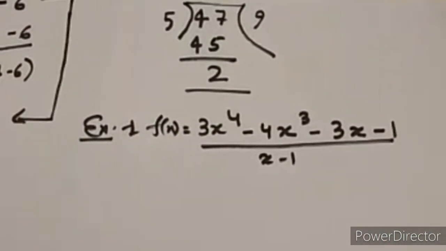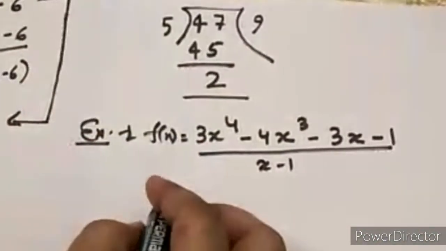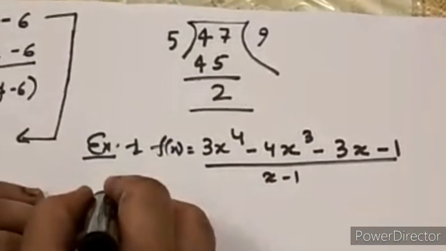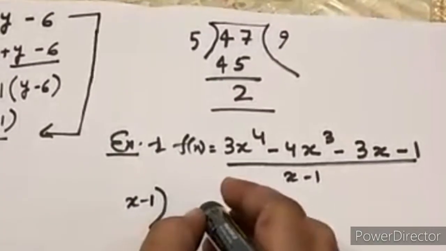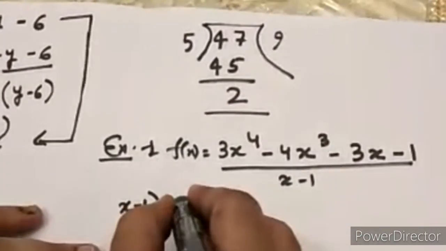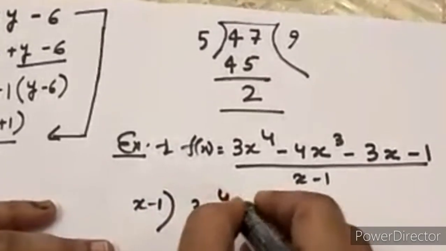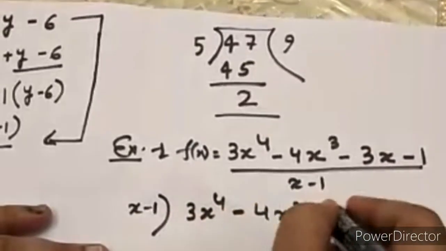So what is the method to find the remainder for this? Simply use this method. What will we do? We will simply divide 3x to the power 4 minus 4x cube minus 3x minus 1 by x minus 1.